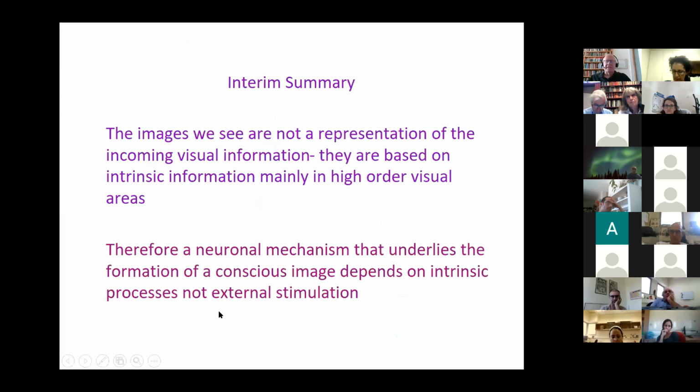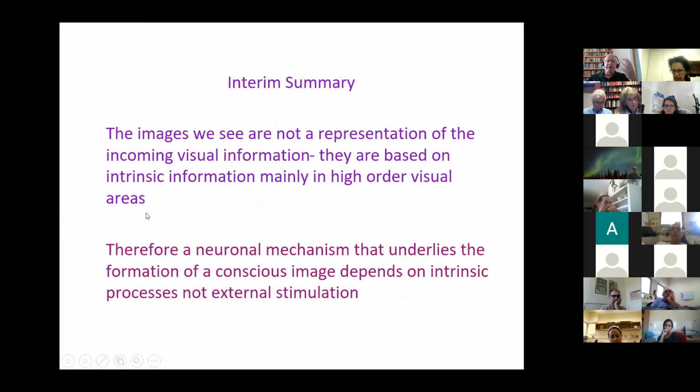So to summarize this aspect, I would like to propose that the images that we see are not a representation of the incoming visual information. They are not representing some sophisticated version of the retina. They are based on intrinsic information that is located mainly in high-ordered visual areas.